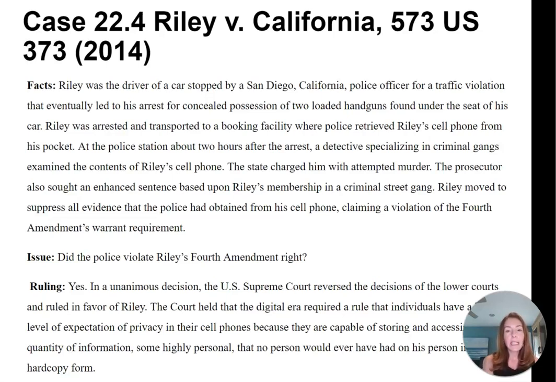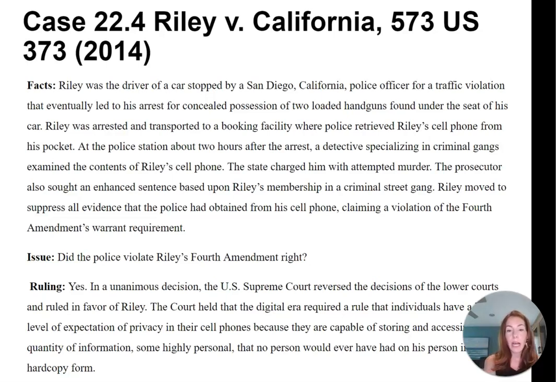So Riley moved to suppress all the evidence that the police had obtained from his cell phone. They claimed that it violated his Fourth Amendment right and the warrant requirement. The Supreme Court in this case unanimously ruled that law enforcement must obtain a warrant before searching the digital contents of a cell phone seized during an arrest. So the Supreme Court reversed the decision of the lower courts and they ruled in favor of Riley.